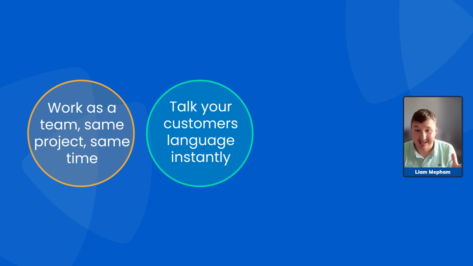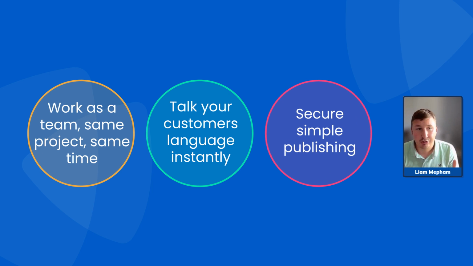Translation is easy, for it allows you to translate what you want, when, for markets that require it, allowing your team to be flexible. Secure, simple publishing. KISS. Keep it simple, stupid.